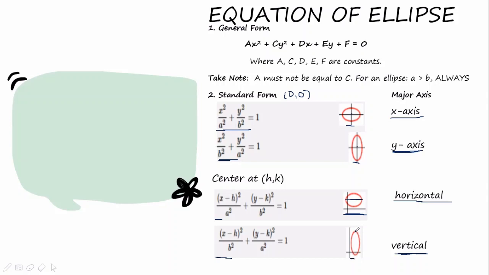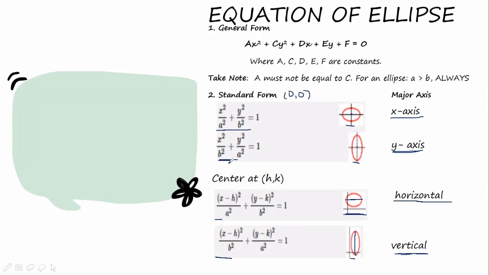Our major axis, or longest chord that passes through the foci and center, is vertical. So always remember the different general form and standard forms because we will need them. It depends on the given problem.